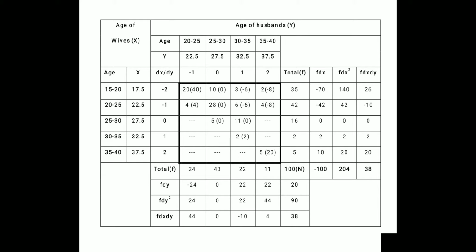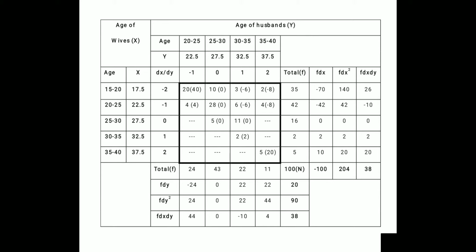So minus 20 into 0 is 0. So in this way, all the cell values have to be considered, and we should calculate f into dx into dy of each cell. Okay, so once we calculate the f into dx into dy of each cell, it has to be put in a bracket of each cell beside the values of frequencies.